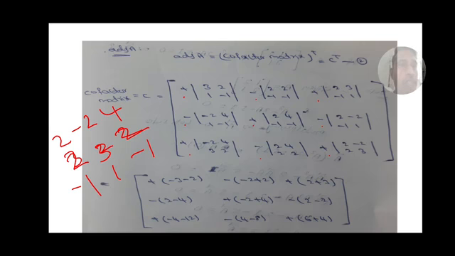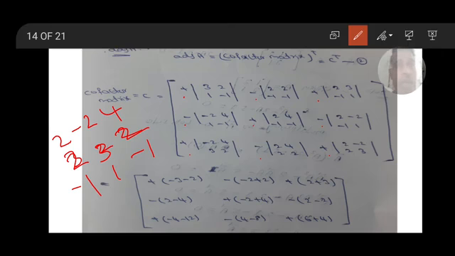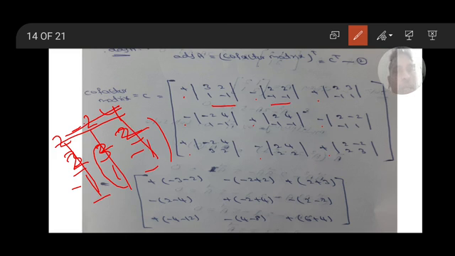So minor, the first one is plus into minor, so we have to remove the row and column. We get this one, 3 2 1 -1, that is the minor. Next the second one is minus, remove this row and this column, 2 2 -1 -1, that is the determinant. Next the third one, 2 3 -1 1, like that.